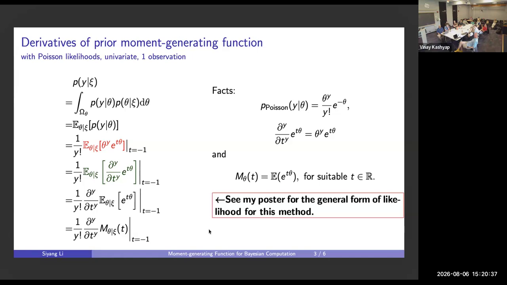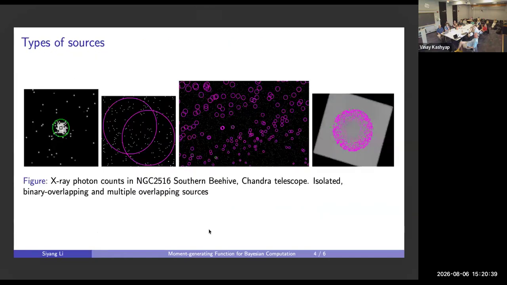Yes, exactly. And why do I care about this in this case? It's that in counting the X-ray photons to infer the X-ray source intensities, the X-ray sources can overlap.